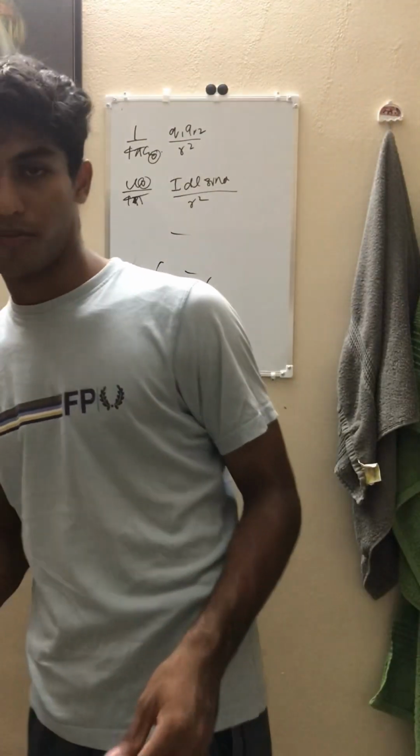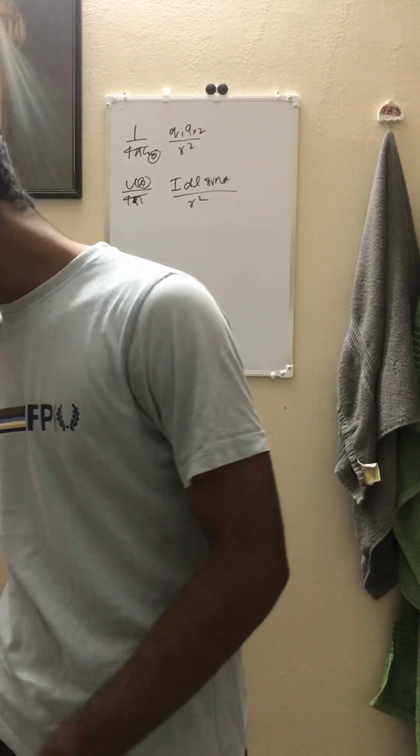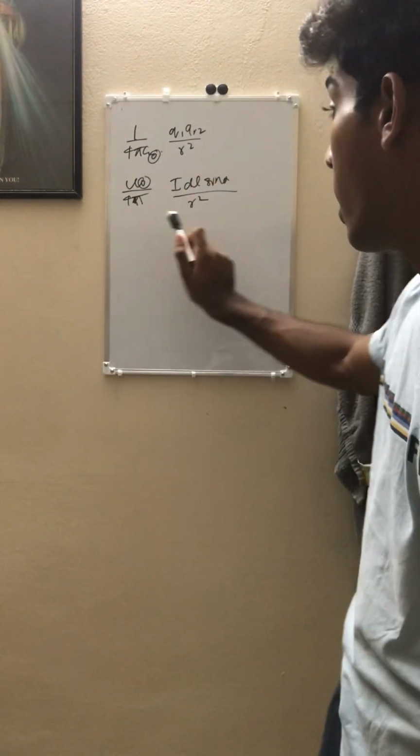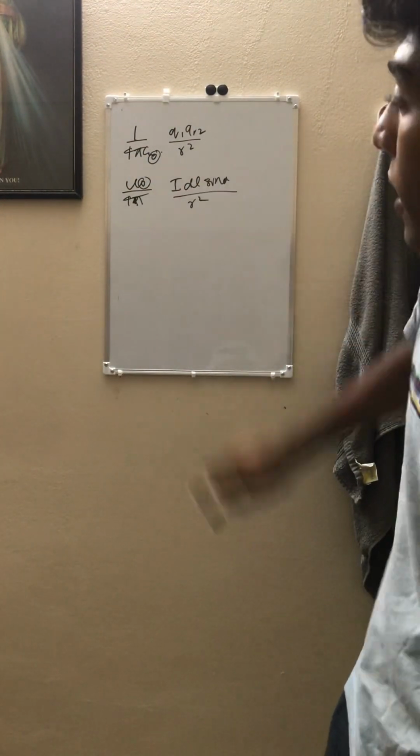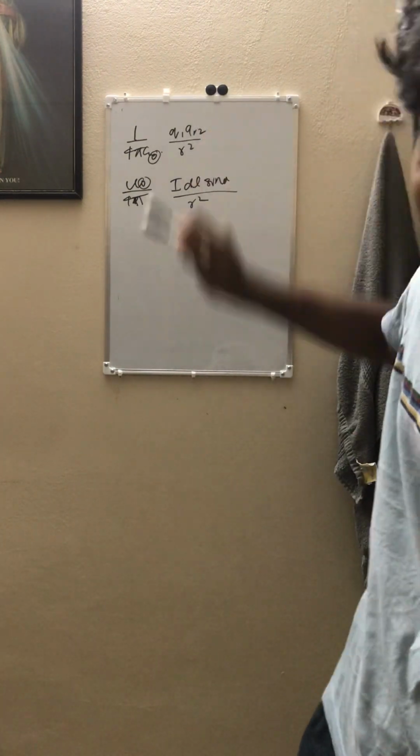So superposition is sum. You sum all of them and you get the total one. And what is the difference? The difference is that the magnetic field is a vector source, while Coulomb's law over here is a scalar source. And it depends upon sign, but there is no angle dependency over there.